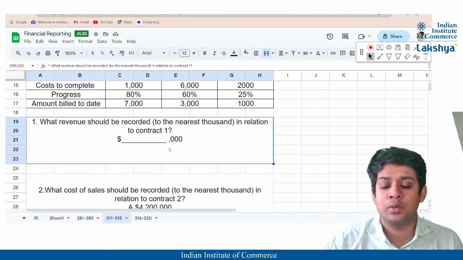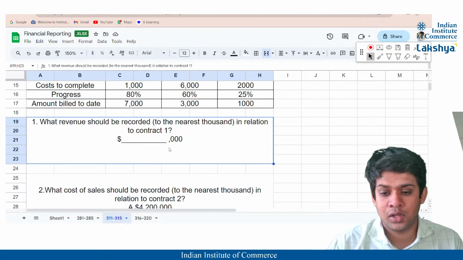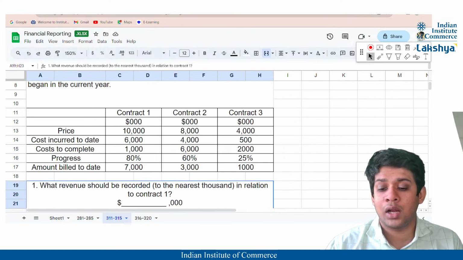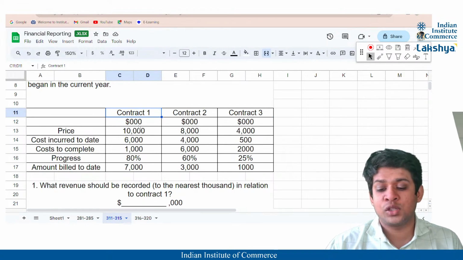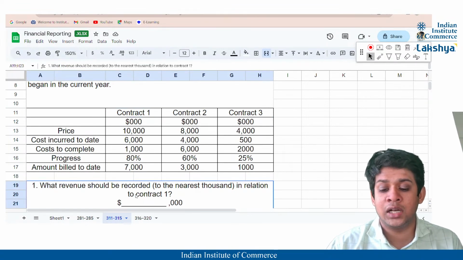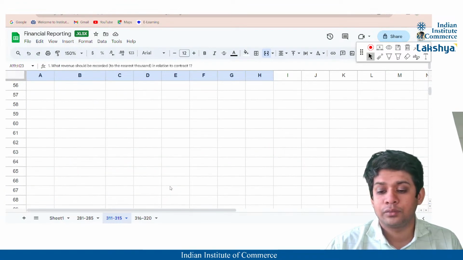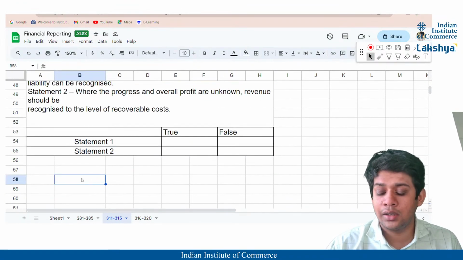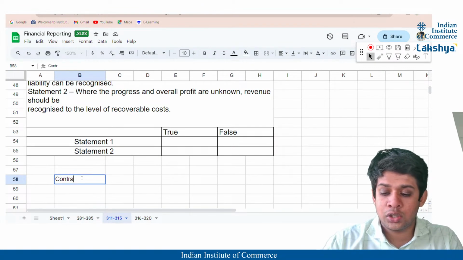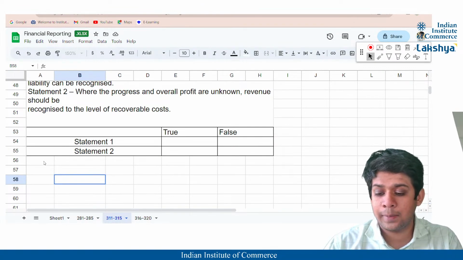What revenue should be recorded to the nearest thousand in relation to contract 1? So guys, for contract 1, we have a couple of steps to follow and through those steps we can actually determine what is the revenue to be recognized for contract 1.